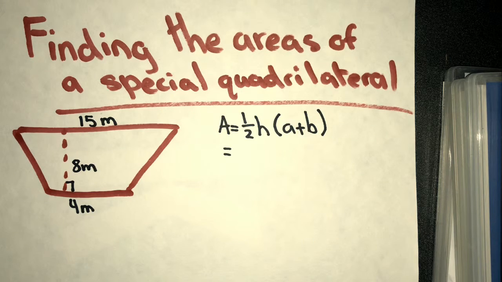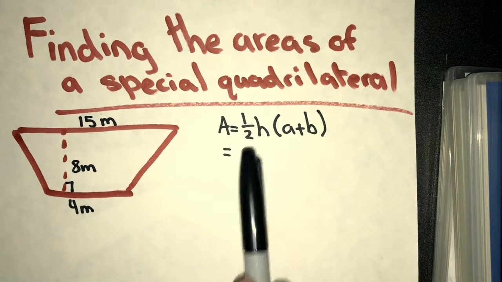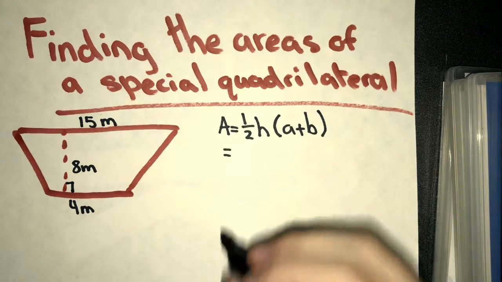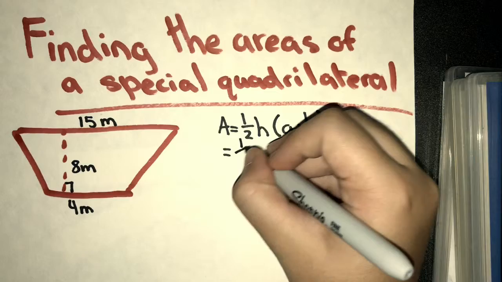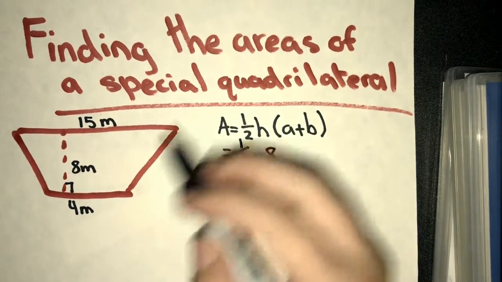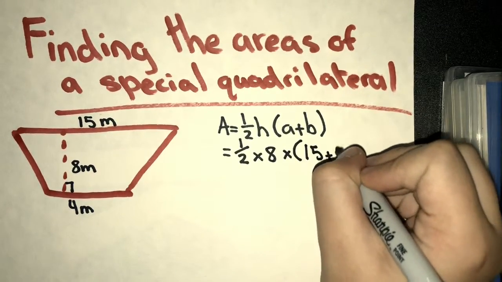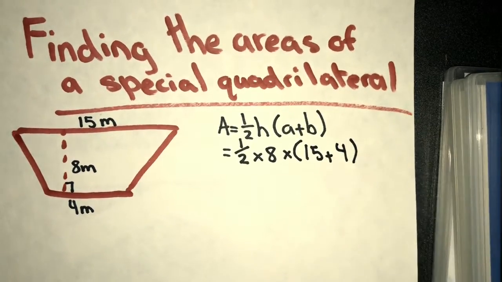So you start with the rule, area equals half height times a plus b, which then turns into half height times 8, because that's perpendicular height, times 15 plus 4, which are the parallel sides.